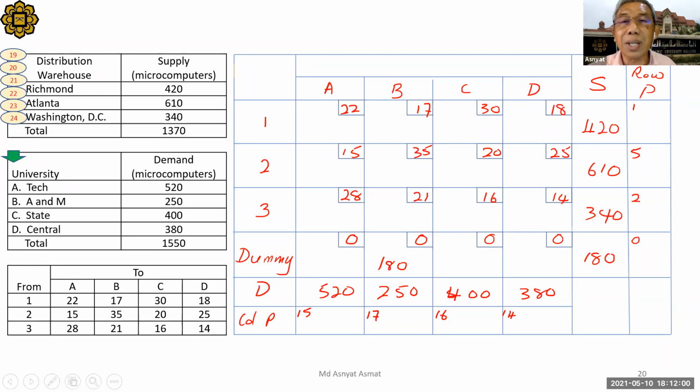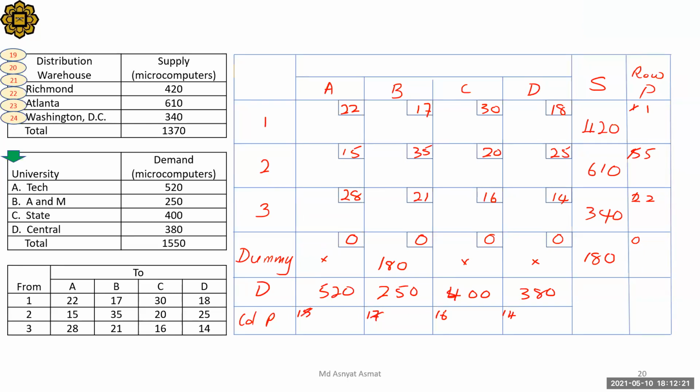Then we recalculate. I think this one cannot supply anymore. Let's recalculate. This is the same 1, the same 5, the same 2. Now this one changes.